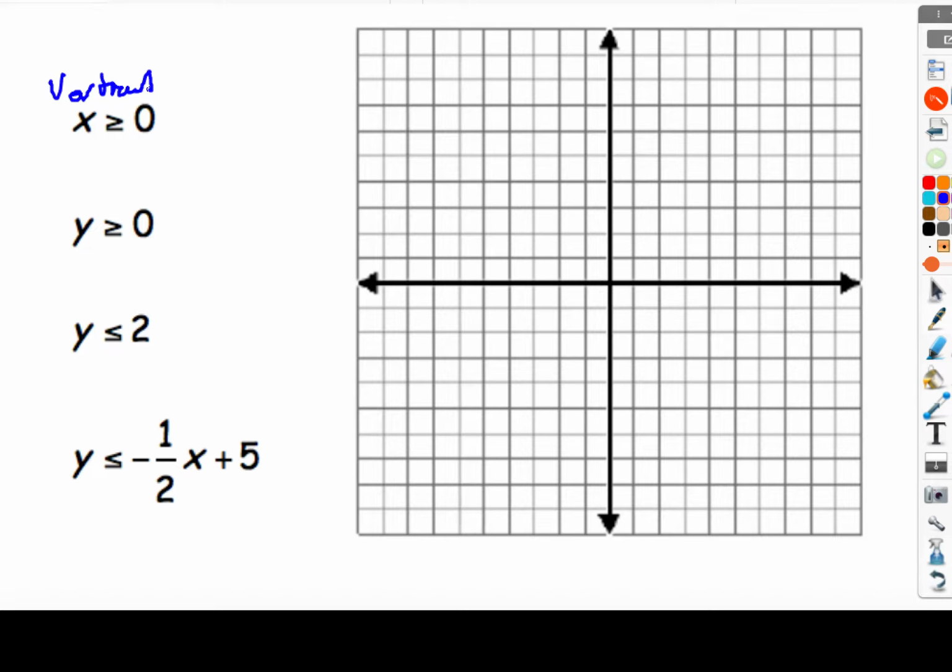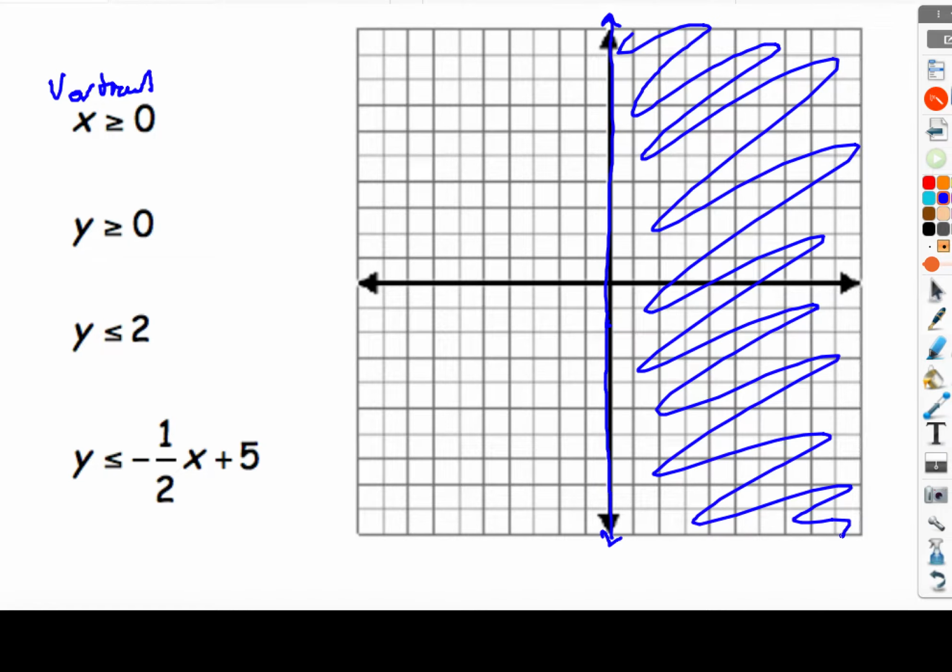So x equals 0 is the y-axis. I would draw this blue line right on top of the y-axis. And x is greater than or equal to 0, so technically everywhere that x is greater than that line is all over the right side of this graph.